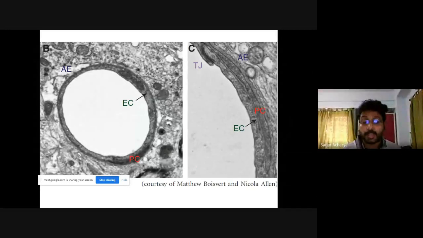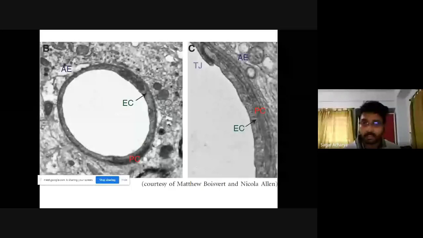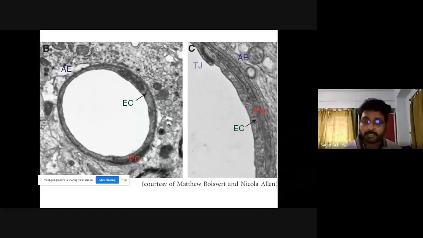And when you compare this 20 to 25% of energy need with the body mass of your brain, that is only about 2 to 3% of body mass. So 2 to 3% of your body mass requires 20 to 25% of the energy. Why? Because it needs a constant supply of oxygen and nutrients.